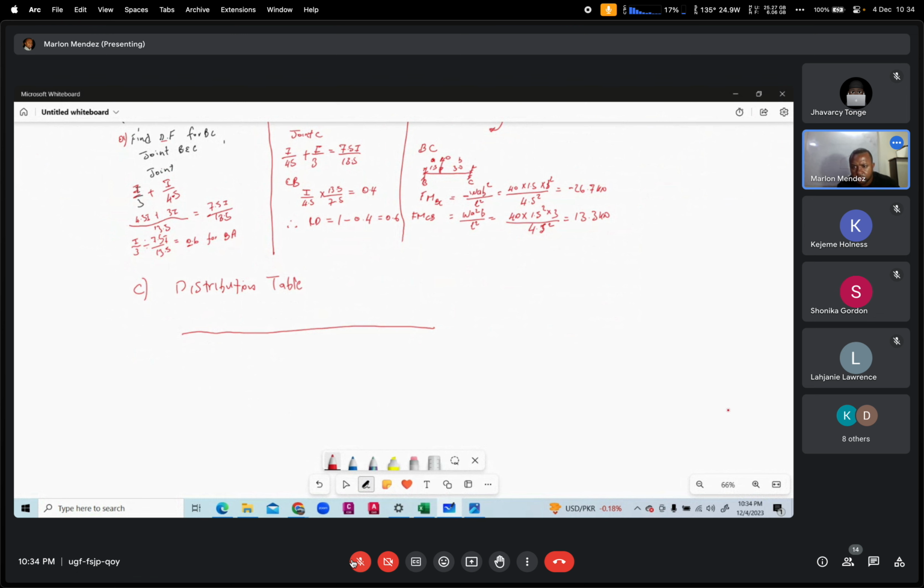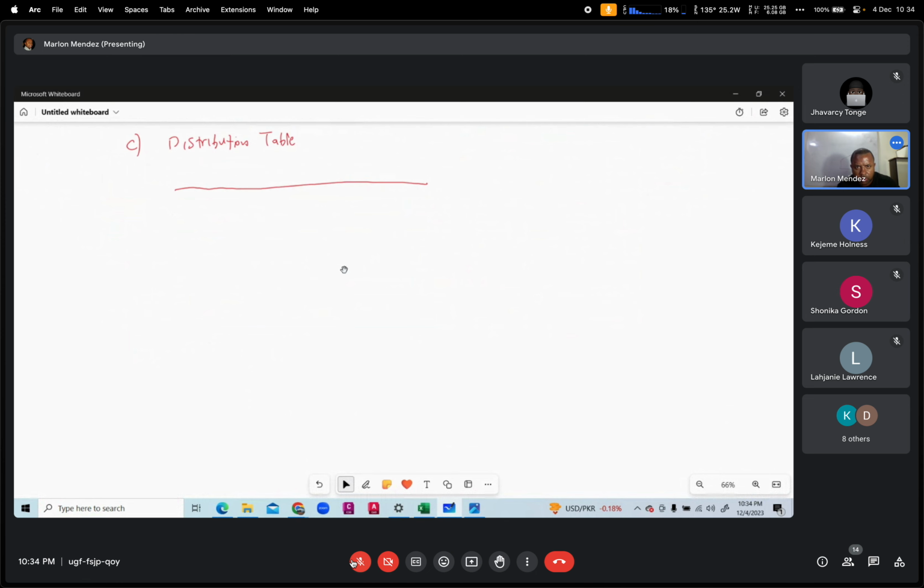Let's see, I need to get some space. For the distribution table, we have the distribution factors.